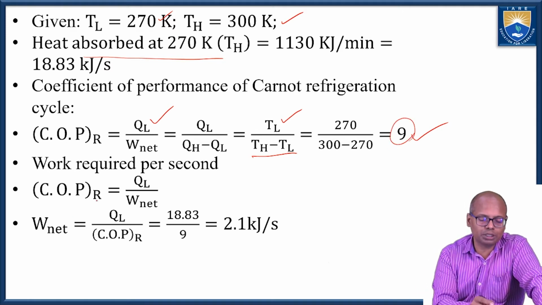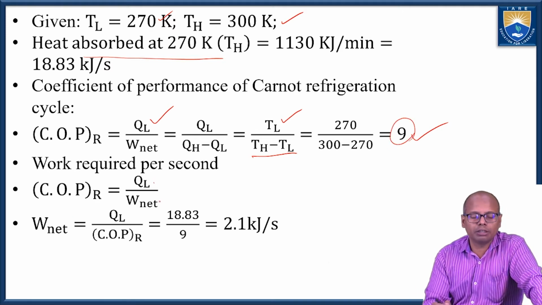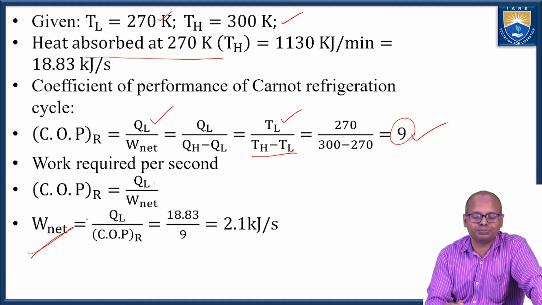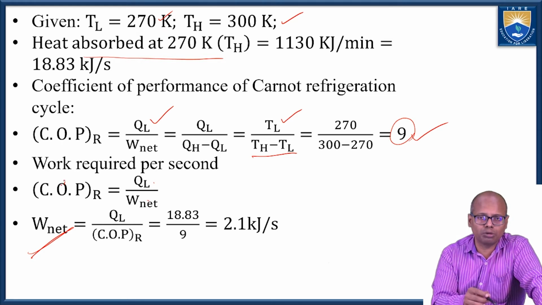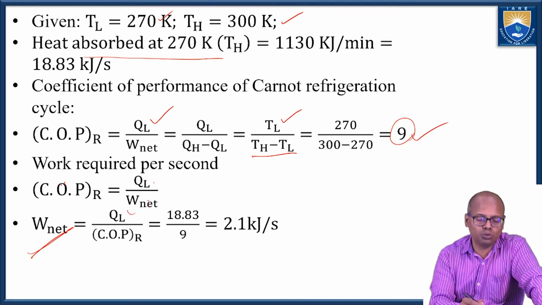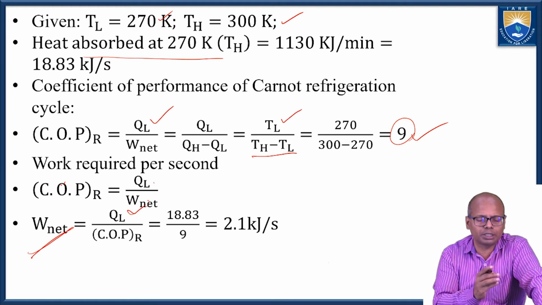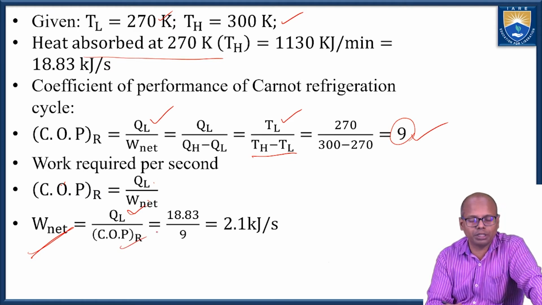So COP is equal to QL by W net. If I manipulate that, what I can get is W net is equal to QL, the heat absorbed from the lower temperature, divided by COP. What I will get is 2.1 kilojoule per second.